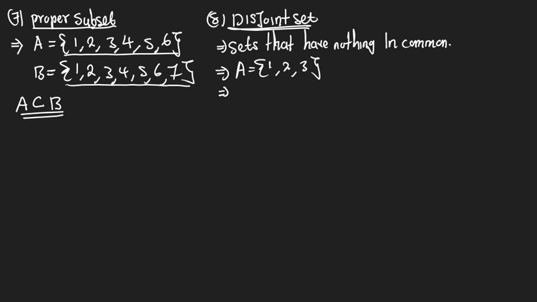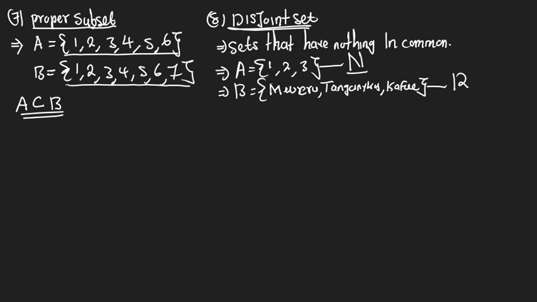And then let's say this is a set B. It contains Mweru, Tanganyika, Kafue. This is a set of numbers. This is a set of lakes or rivers. So, there's no relationship between numbers and lakes.